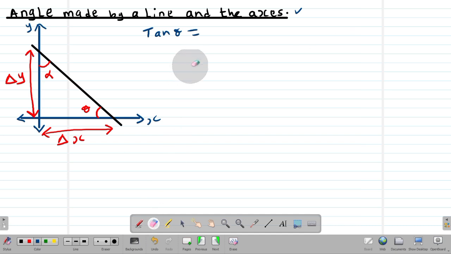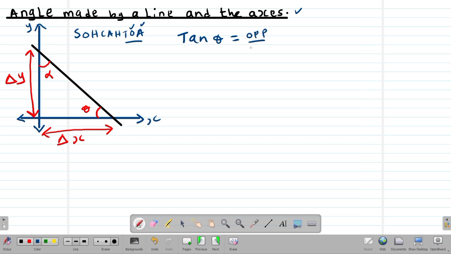Remember from trigonometry, there is this particular formula that we learned called SOHCAHTOA. So from this formula, the tan of an angle is equal to opposite over adjacent. Now, when we try to find the tan of our angle theta from our triangle, the tan is opposite divided by the adjacent side.